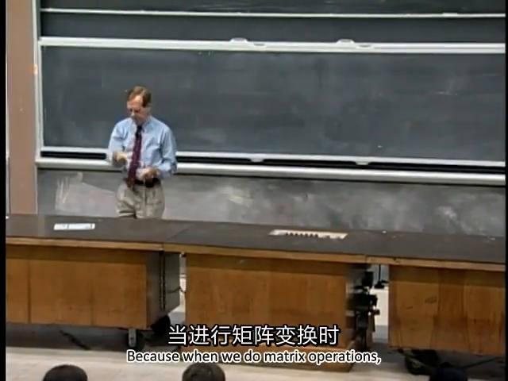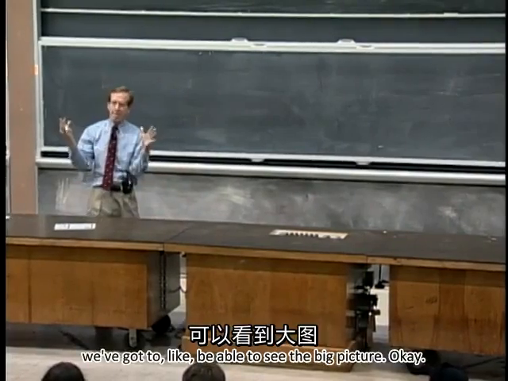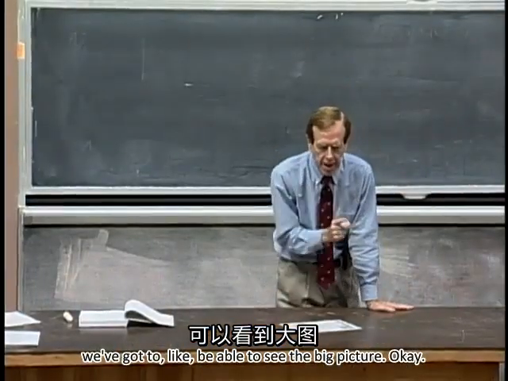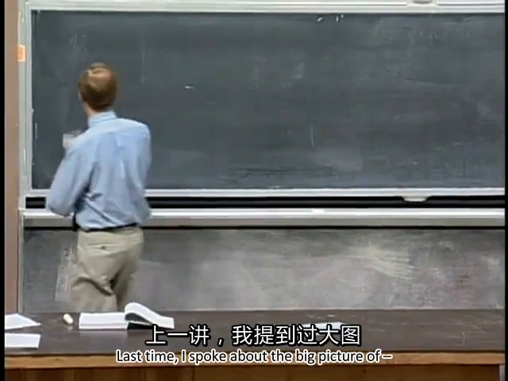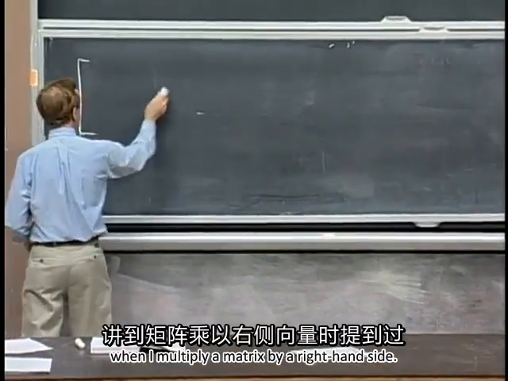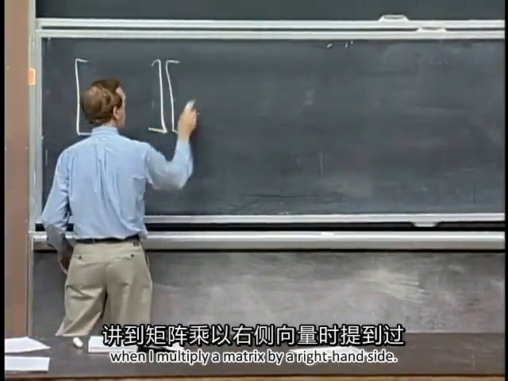Because when we do matrix operations, we've got to be able to see the big picture. Last time I spoke about the big picture of when I multiply a matrix by a right-hand side.